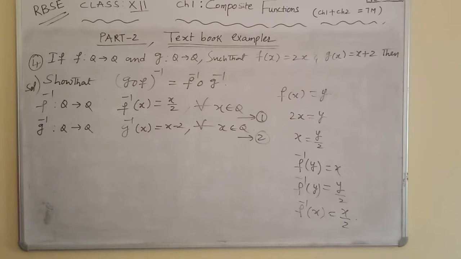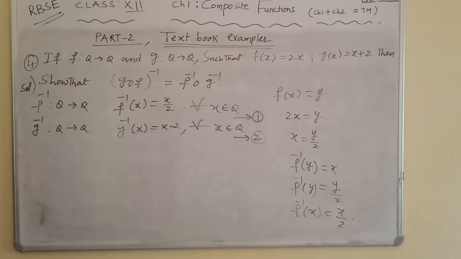So then we know that composition of two bijections is a bijection. I already said to you these properties you have to remember. We already discussed the important properties. In that, one property says that composition of two bijections is a bijection.